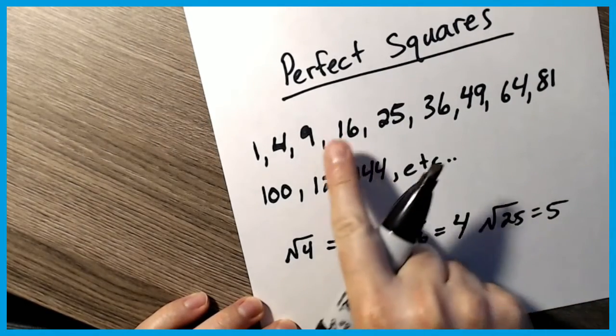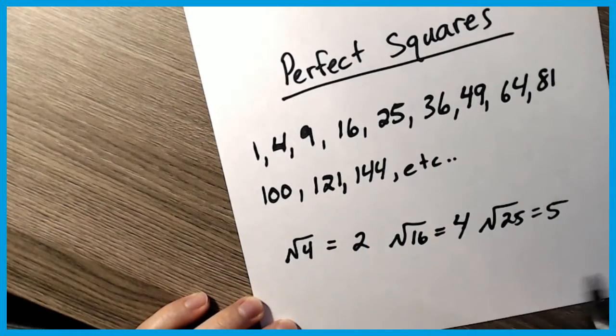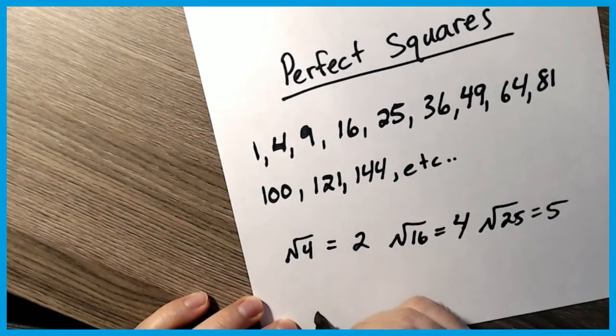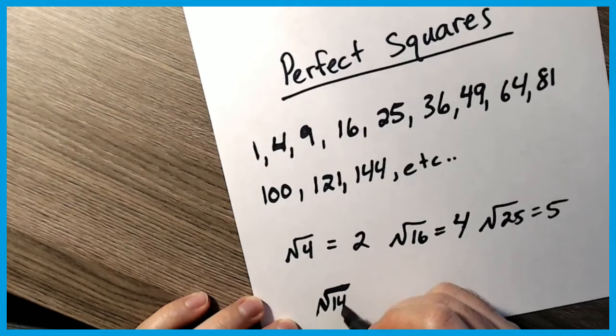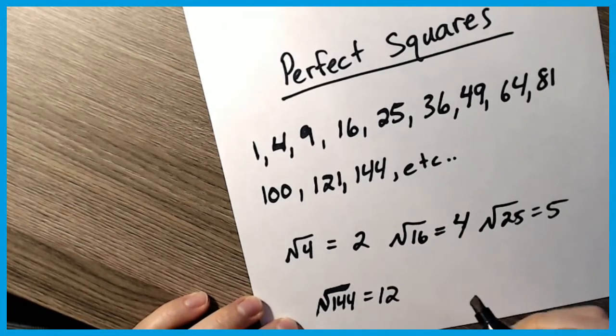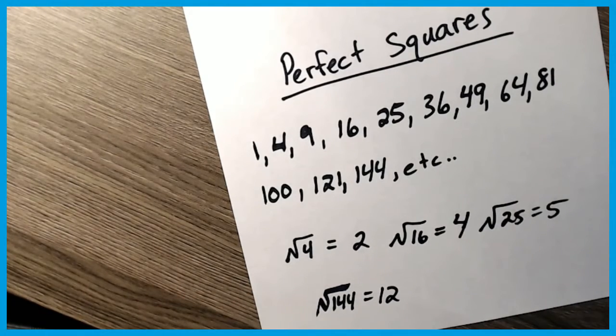And so on. Every single one of these, you can take the square root and you get a nice number. Like 144, the square root of 144 is 12. And what I mean by you get a nice number, you get a positive number that is one of our counting numbers. So you don't have to worry about any kind of decimal.